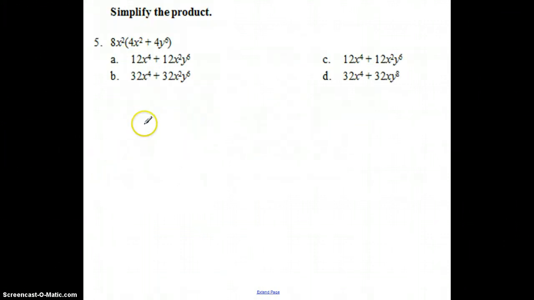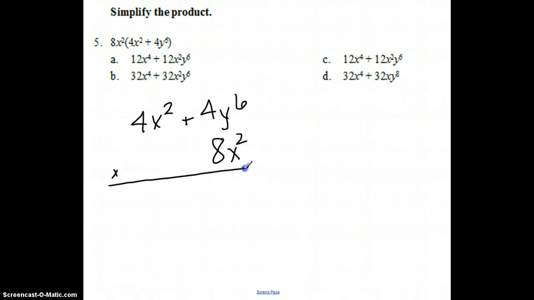Okay, now, this is one where if you're using the shortcut method, this is probably the easiest way to do it. So this is my longer of the 2 terms. This has 2 terms, this has 1. I'm going to write this underneath it. And then I'm going to take 8x squared and multiply it by everything.